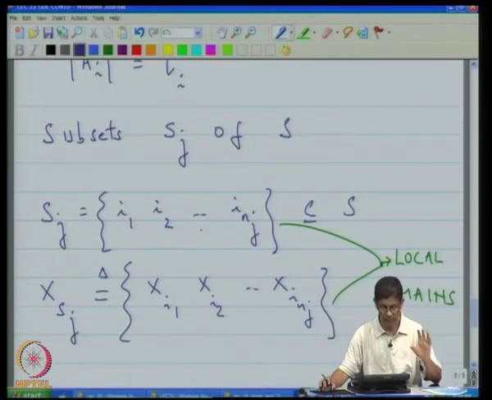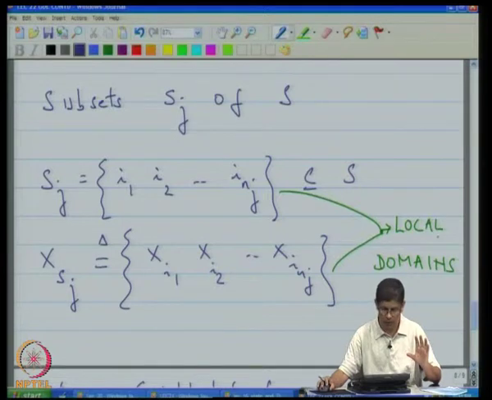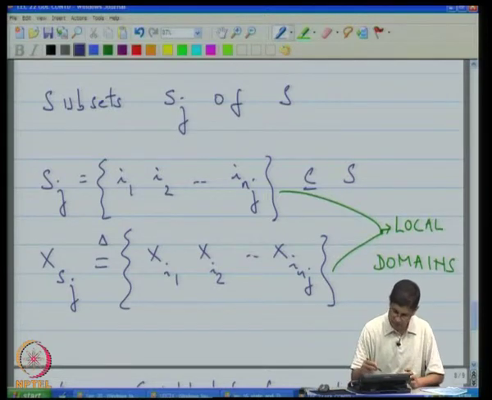Then we also have subsets of S, which we will call local domains, and the total number of them is actually m. So, j varies between 1 and m.